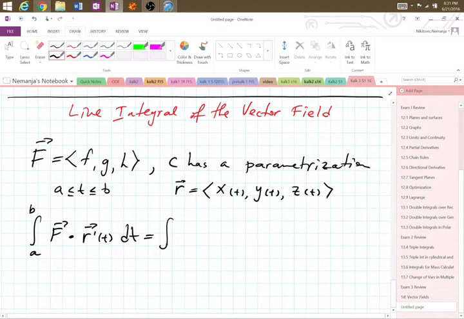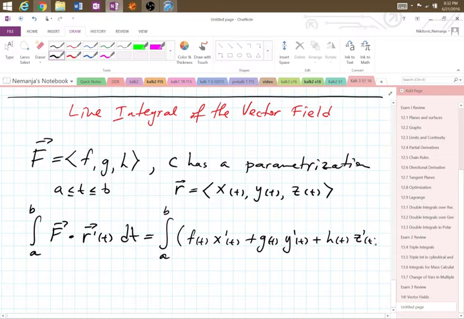So integral a to b of f of t times x prime of t plus g of t times y prime of t plus h of t times z prime of t dt.